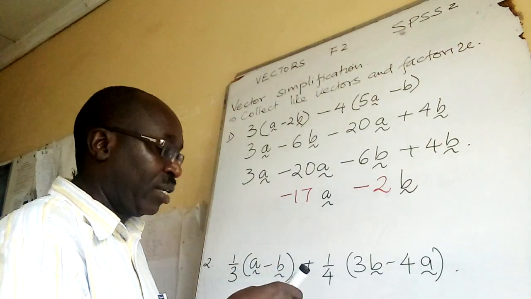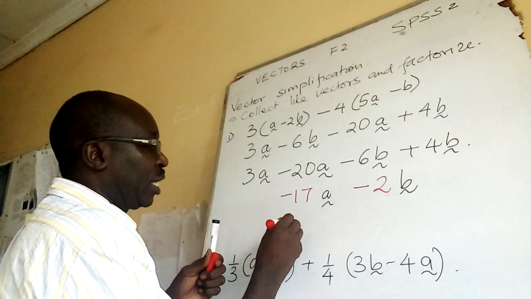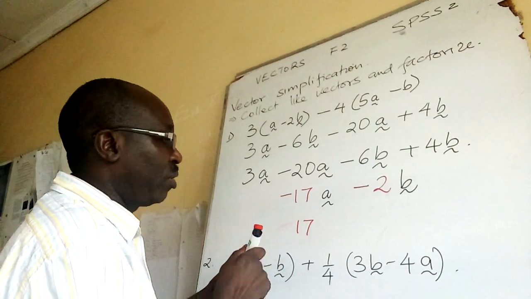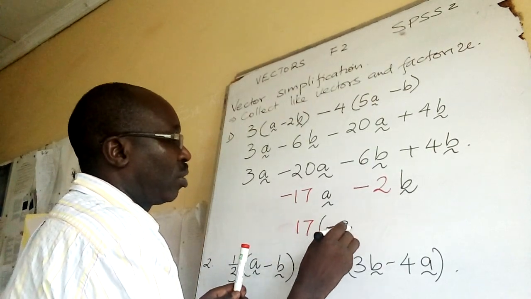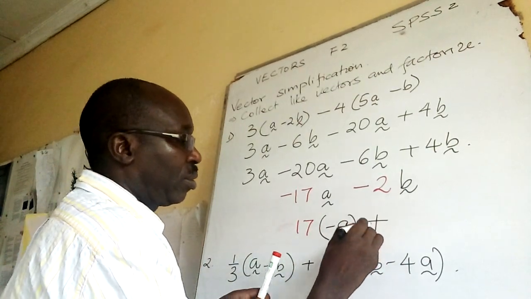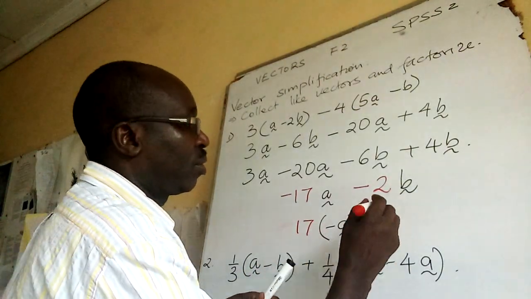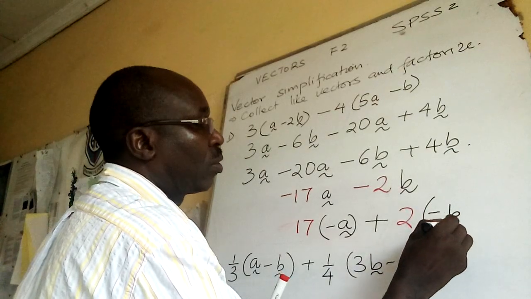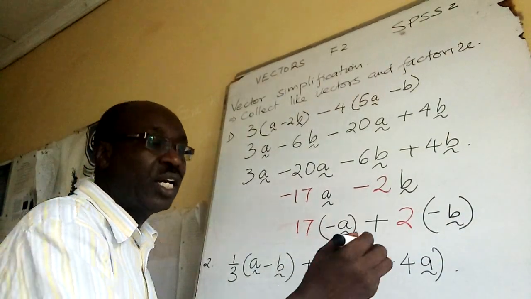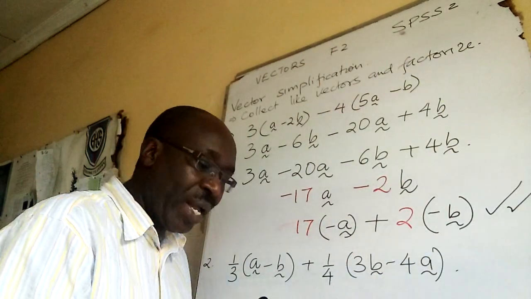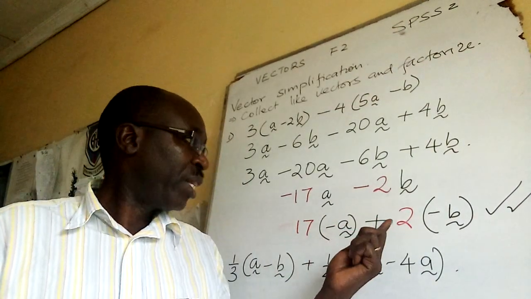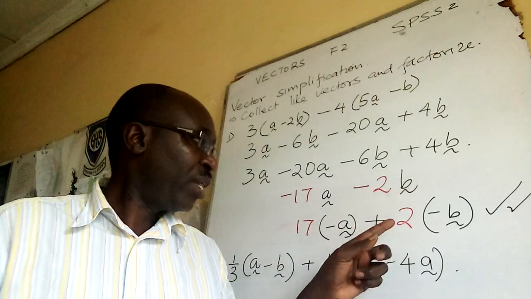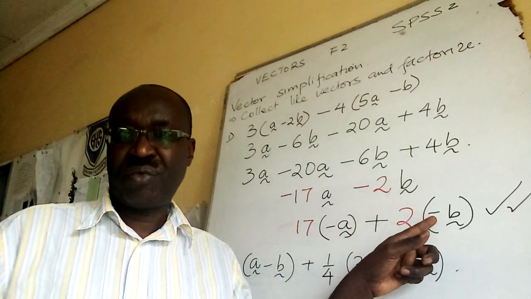The real vectors would have been written negative 17, and then plus, this is the real thing. Why am I saying that? The red is scalar, is size. Then this is the direction.